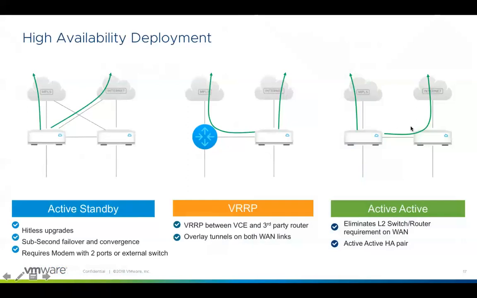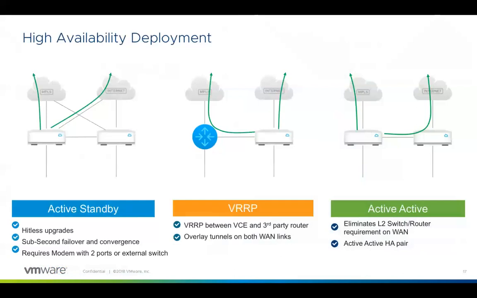And then the last one is where we eliminate the L2 switch requirement on the WAN side, and basically the active edge would establish an overlay through the standby edge device.